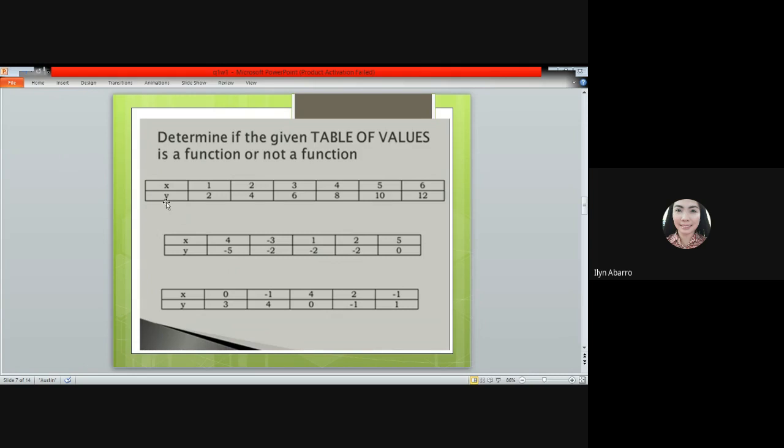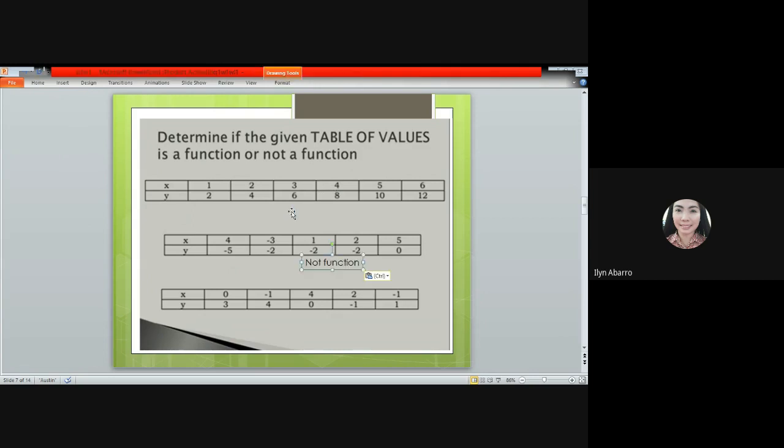And the y values or the range are 2, 4, 6, 8, 10, 12. Again, same rule. For the table to be a function, there should be no repetition in the values of x. That is 1, 2, 3, 4, 5, 6. In the first one, no x value is repeated. So this is a function.